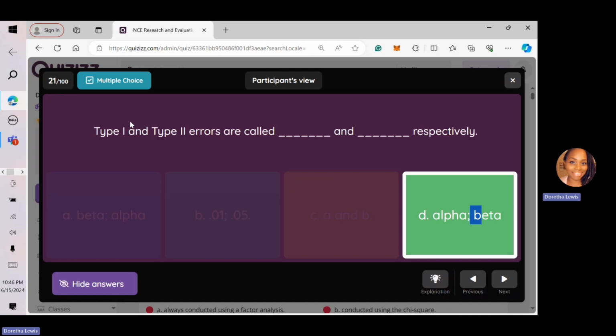So when we're looking at type 1 and type 2 errors, we're mainly focused on looking at the result after the study, right? So in summary, type 1 error means rejecting the null hypothesis when it's true. Another word for type 1 is a false positive, right?